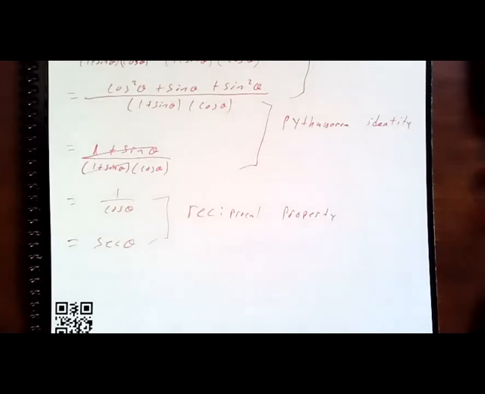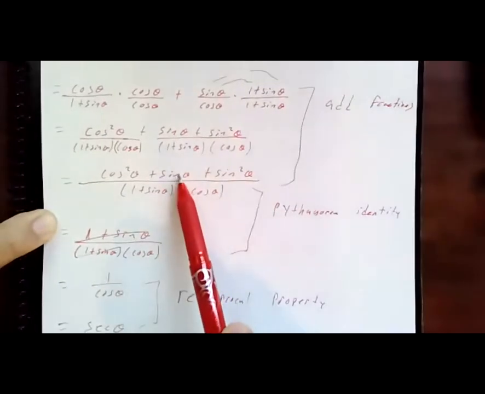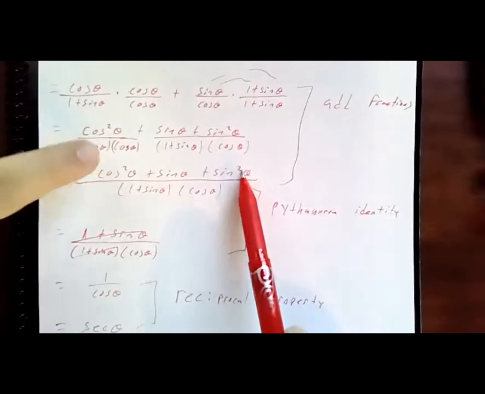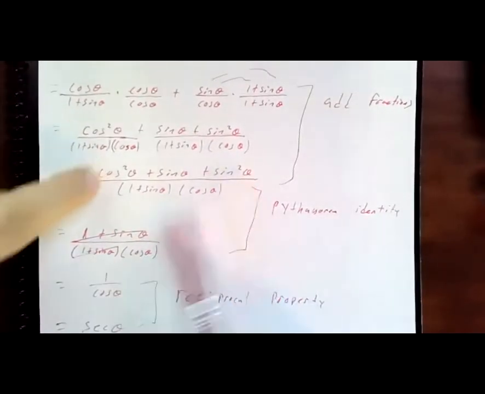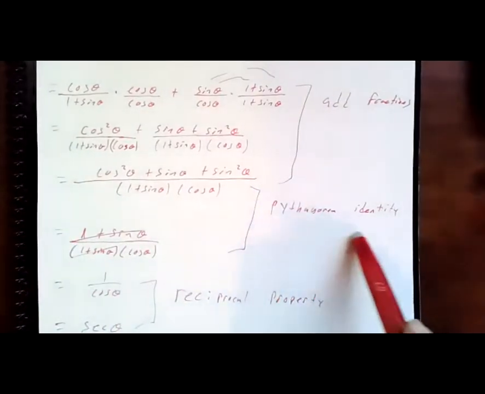I have a quick question. Mm-hmm. How did you get that 1 plus sine on the third to the last? Yeah, here. So this sine was right there, right? That's this one. So cosine squared plus sine squared is always equal to 1. Oh, combine these two here. Okay, thank you. So that's the Pythagorean identity right here.